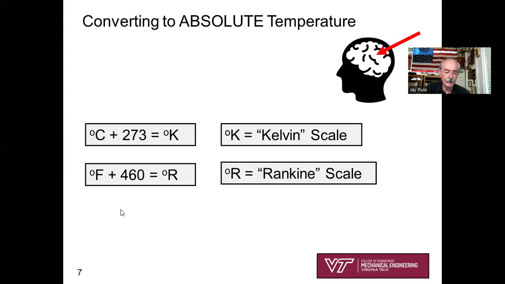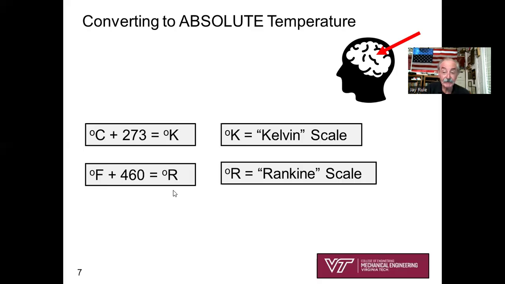A little tougher is degrees Fahrenheit and the absolute temperature in the English system of units. That's called the Rankine scale, degrees Rankine, degrees R. So this is one you might spend a little time committing to memory. Simply add the number 460 to degrees F to get degrees R. I did not know this one until I took my first class in thermodynamics in 1973.